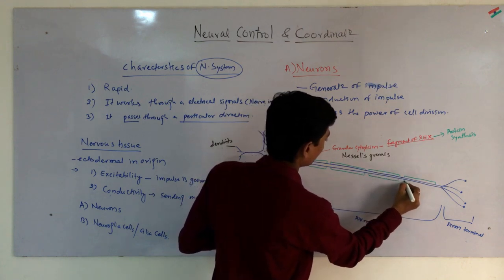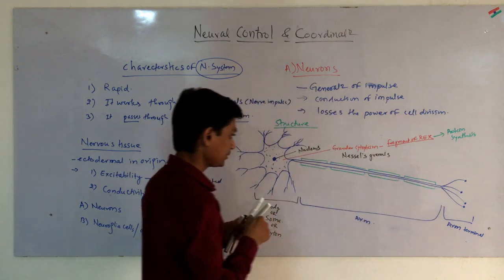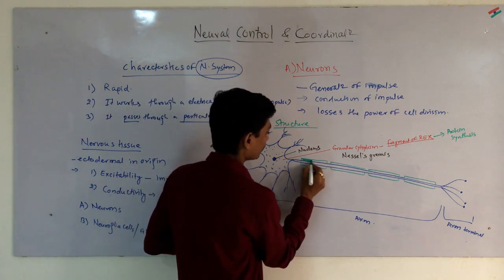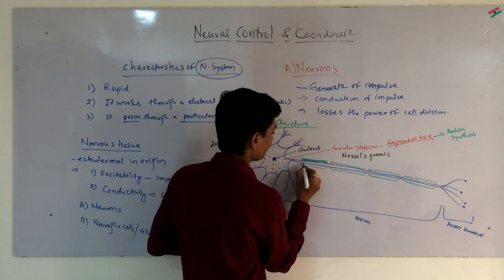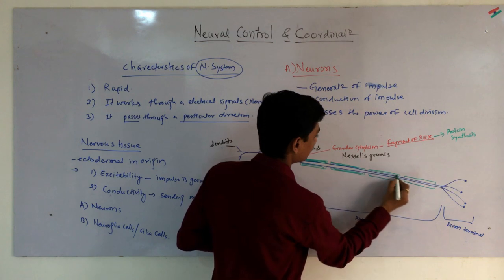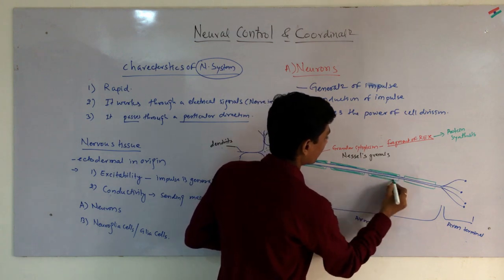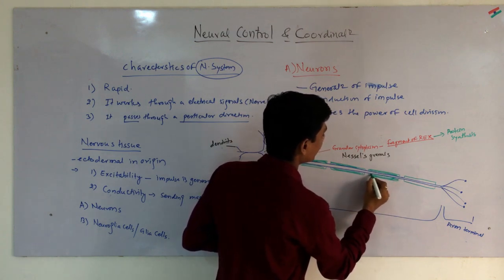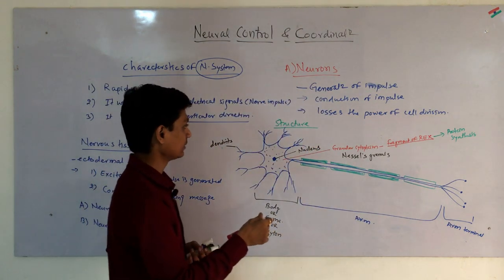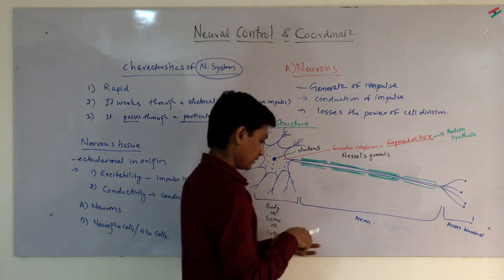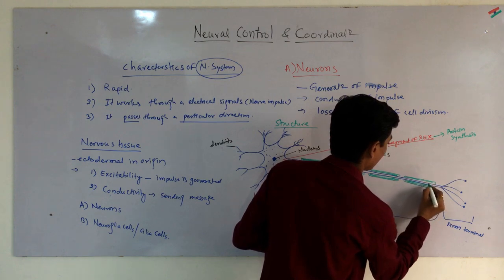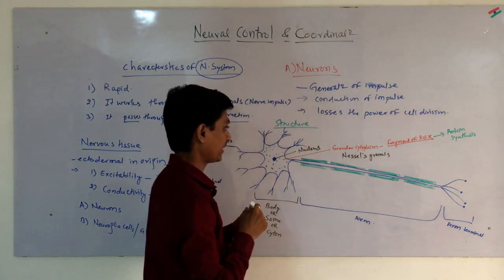Myelin sheath is nothing but a secretion of Schwann cells. These are the myelin sheath deposited here over the axon part. If myelin sheath is not there on an axon part, then that neuron is known as non-myelinated. We will discuss this in the types of neuron part. This is myelin sheath.